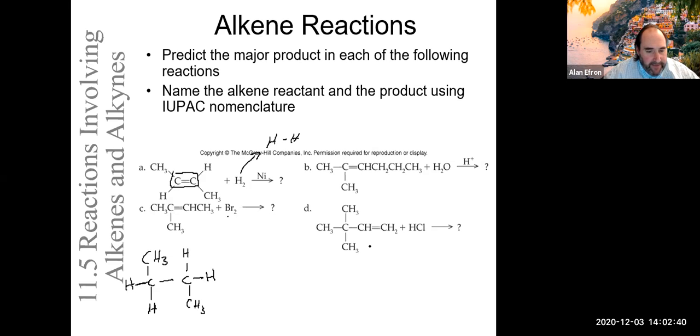Same sort of thing happening. I'll go to C first. Same sort of thing happening here with Br2, basically, right? So that's what that is. This entire thing is going to look exactly the same, except I'm going to turn my double bond into a single bond. I'm also going to draw it slightly different, but nothing's really changing. I'm going to draw my CH3 up and my other CH3 down on that guy.